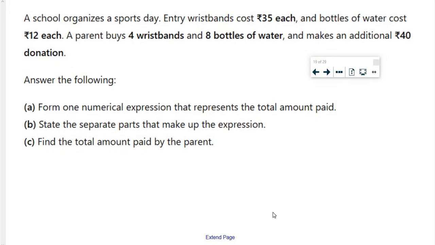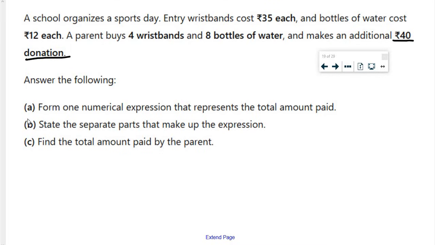A school organizes a sports day. Entry wristbands cost 35 rupees each, and bottles of water cost 12 rupees each. A parent buys 4 wristbands and 8 bottles of water and makes an additional 40 rupees donation.